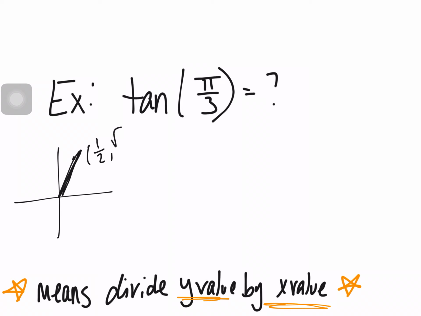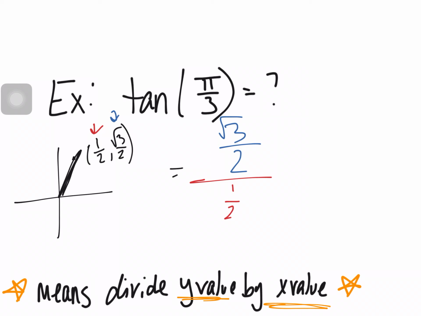So let's take a look. Tangent of pi over 3. So this means I divide my y value by my x value. So I check my unit circle. I'll just draw a rough sketch here.